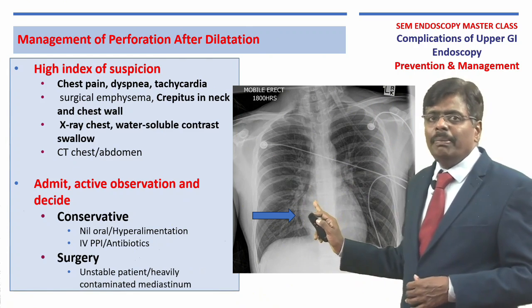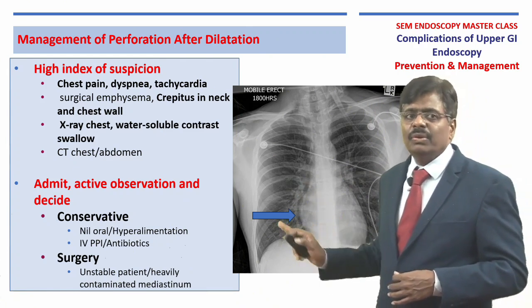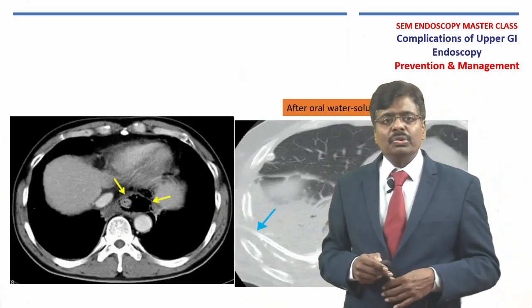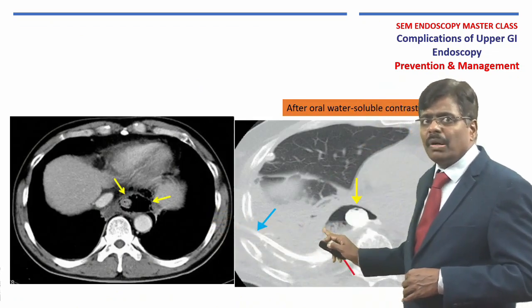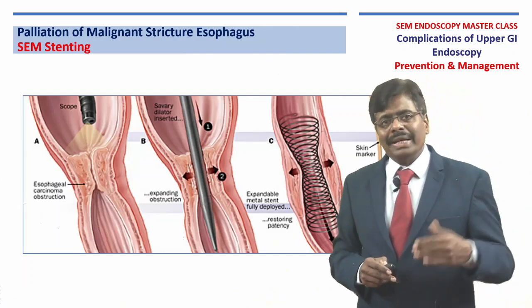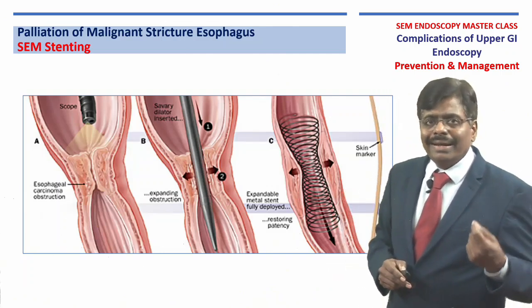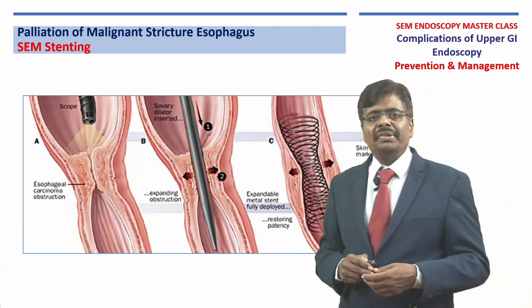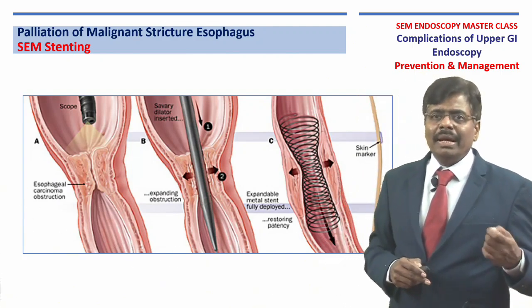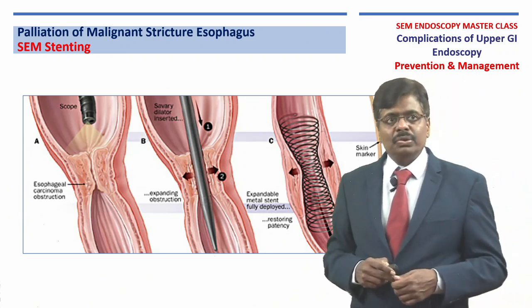Consider not only an X-ray chest but also a CT with oral contrast, which might tell you exactly what the problem is, how severe it is, and what we can do to rectify it, like putting a clip, an oesophageal clip, or a stent, and keeping the patient nil orally. So, it can be eminently managed provided we make an early diagnosis.